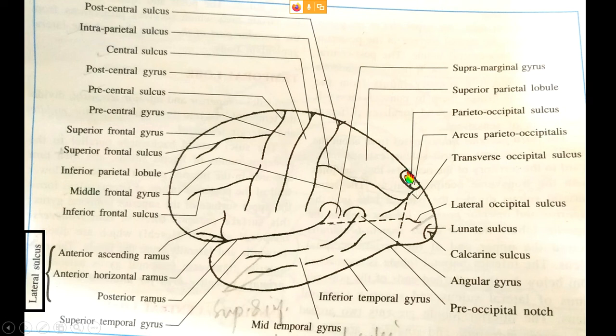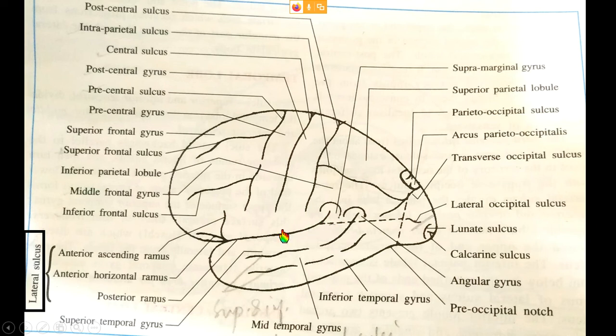Around the upper end of the parieto-occipital sulcus, the inferior parietal lobule is encroached from below by the upturned ends of the posterior ramus of the lateral sulcus.